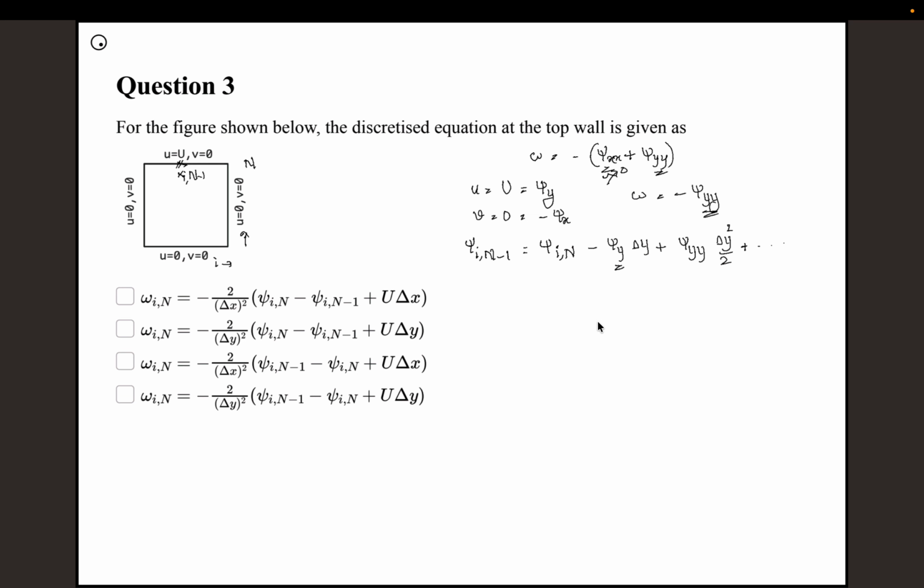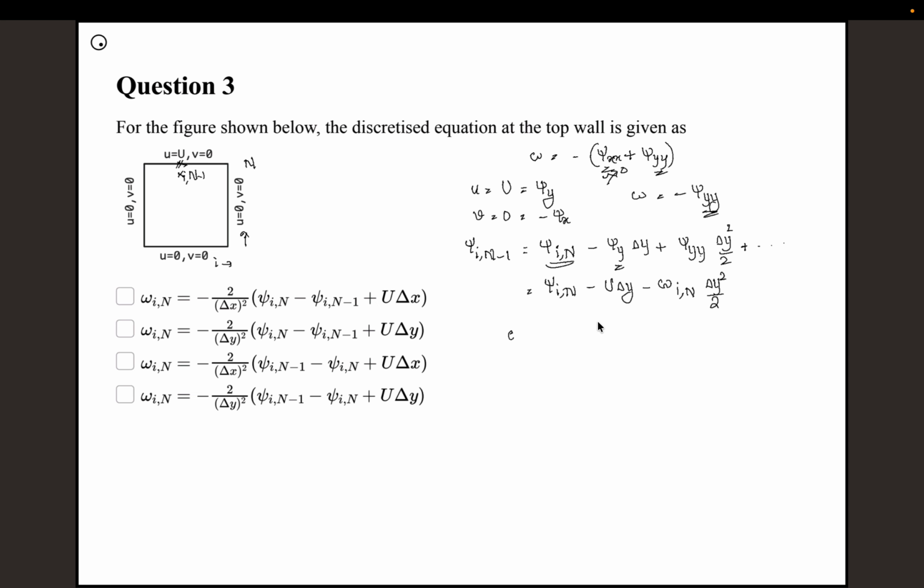So we know psi y is basically the velocity capital U, and because we are expanding it around the boundary point, all these values are calculated at the boundary point only. We can directly substitute them, where psi yy is minus omega of the wall, again evaluated at the boundary point. This will be the corresponding i comma n.